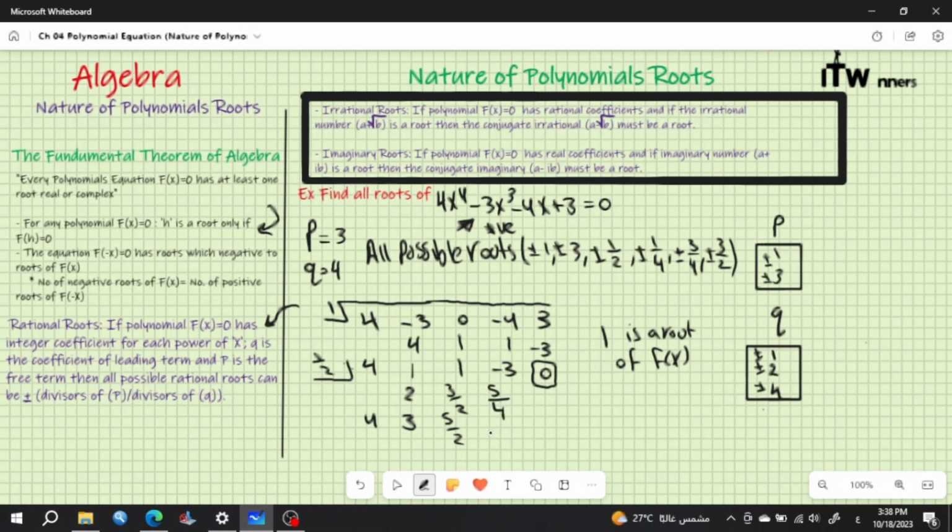Then we have here negative 7 by 4. Then we don't obtain a remainder of 0, so we can try another number. Let's try 1 quarter. Here we have 4.